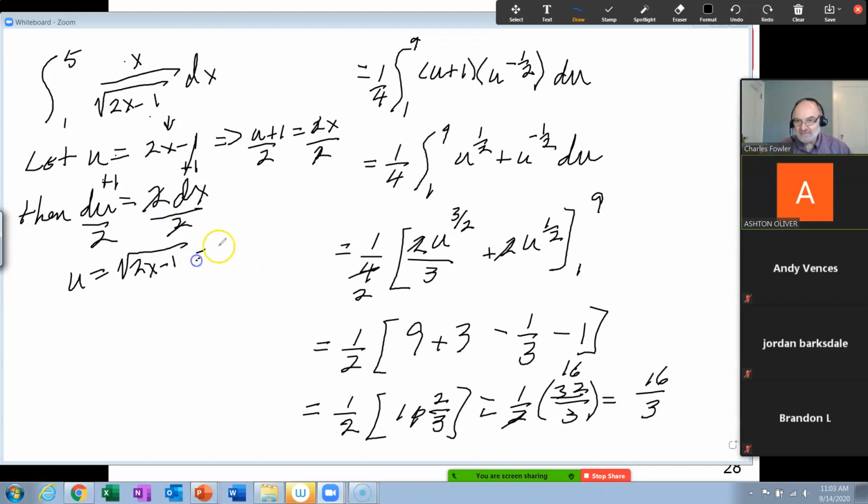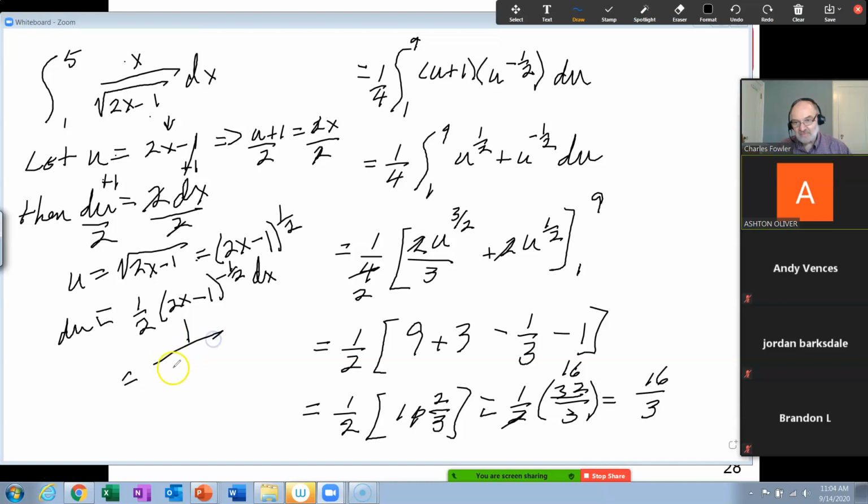This is the same as 2x minus 1 to the 1/2 power, and then your du is equal to 1/2 2x minus 1 to the minus 1/2 power dx, okay, and that is the same as 1/2 u dx. Now, I don't know.